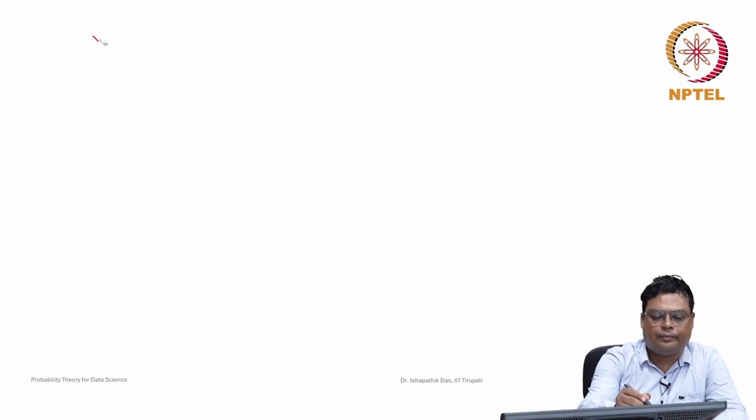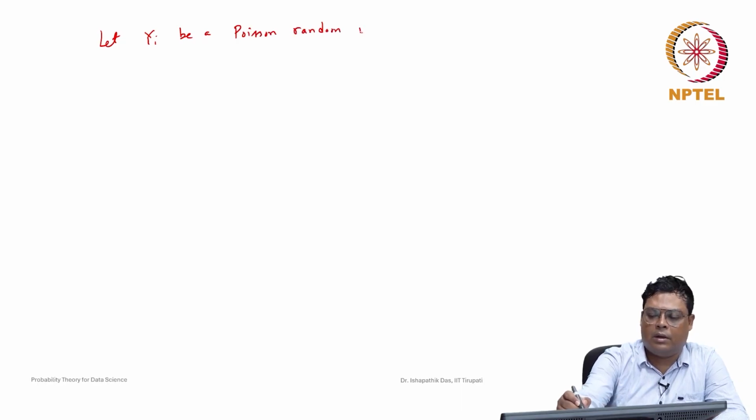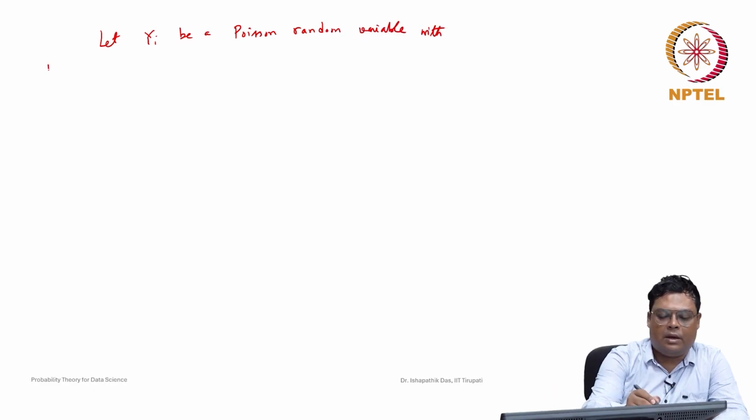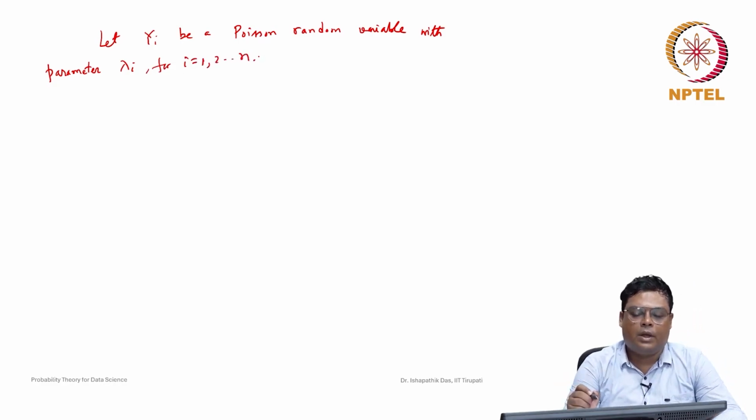Let Yi be a Poisson random variable with parameter lambda i for i equal to 1 to n. Note that the lambda i are different, so the Yi are not identically distributed random variables. Identically means that they have the same distributions.